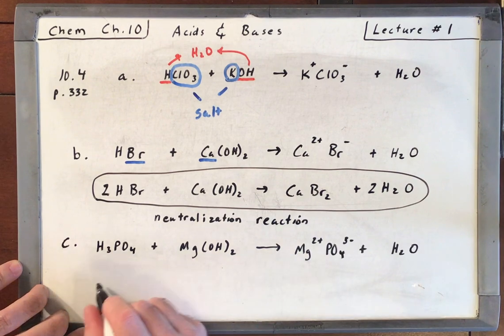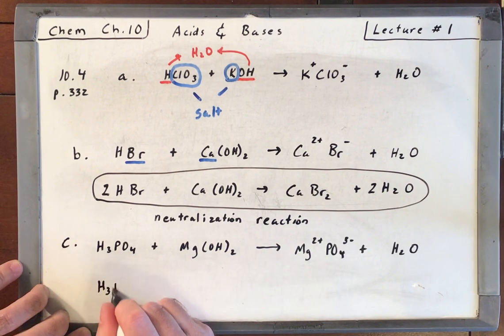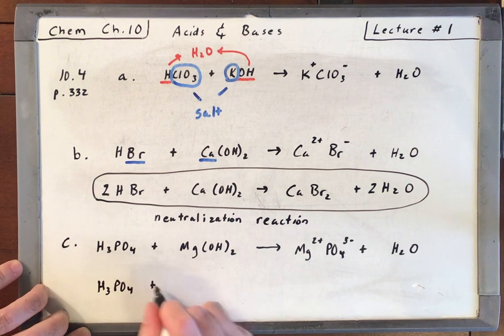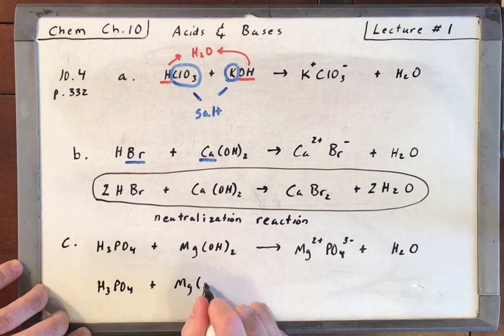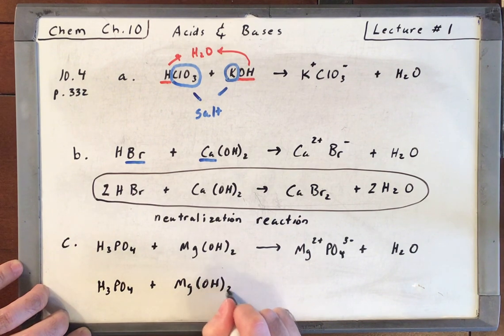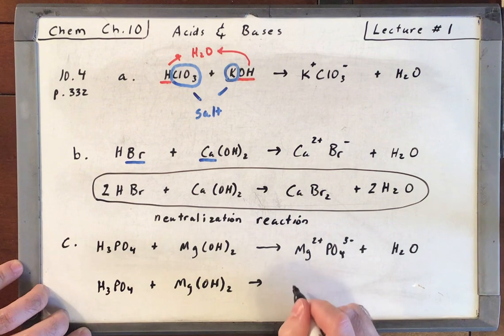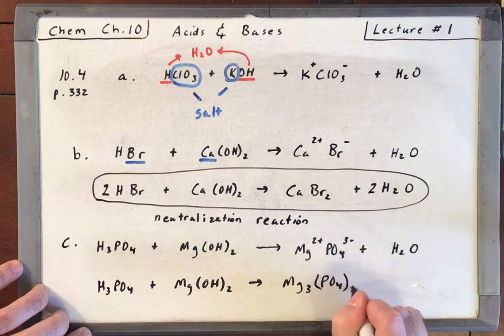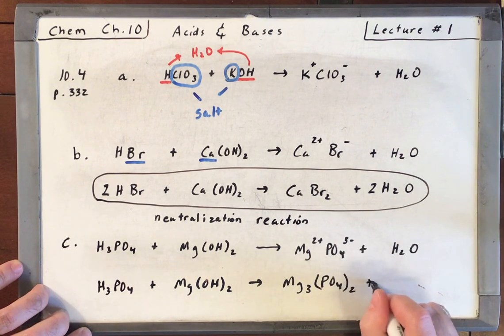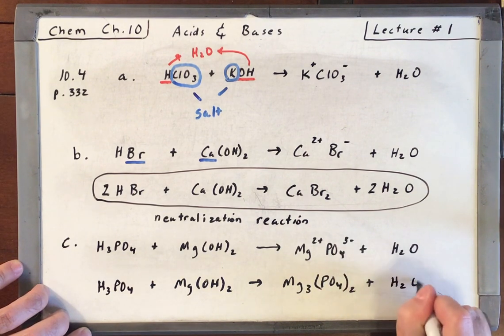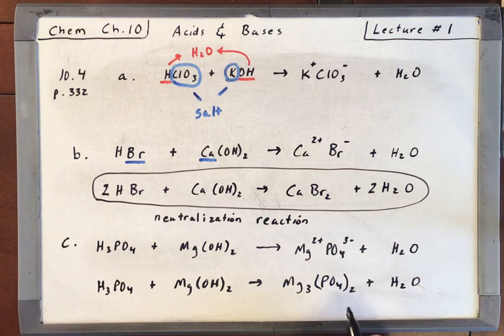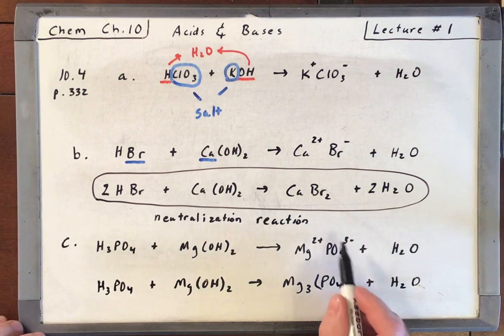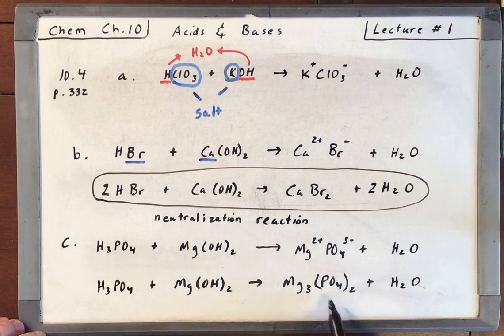So after the switch there, we would have H3PO4 plus MgOH2 makes Mg3PO4, we've got to use parentheses here, right? 2. Some of you didn't do that on the final exam. Use those parentheses around cyanide on final exam is what you needed. So bring that 3 here, that 2 here.